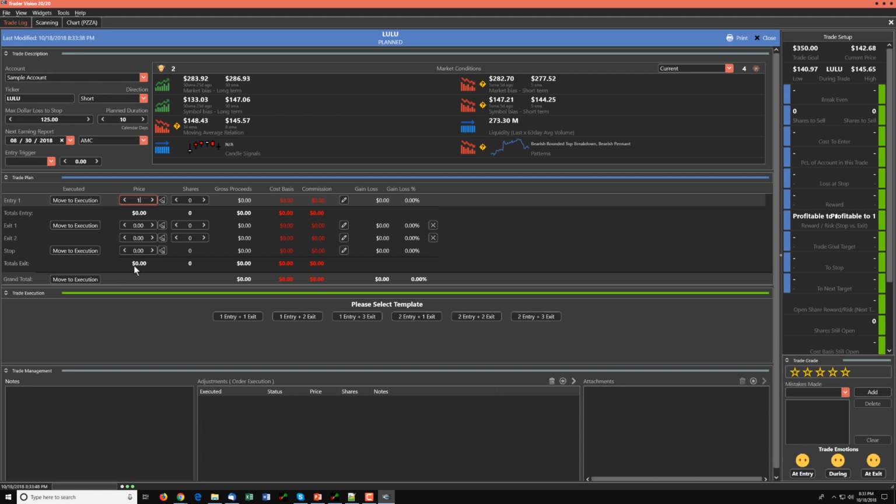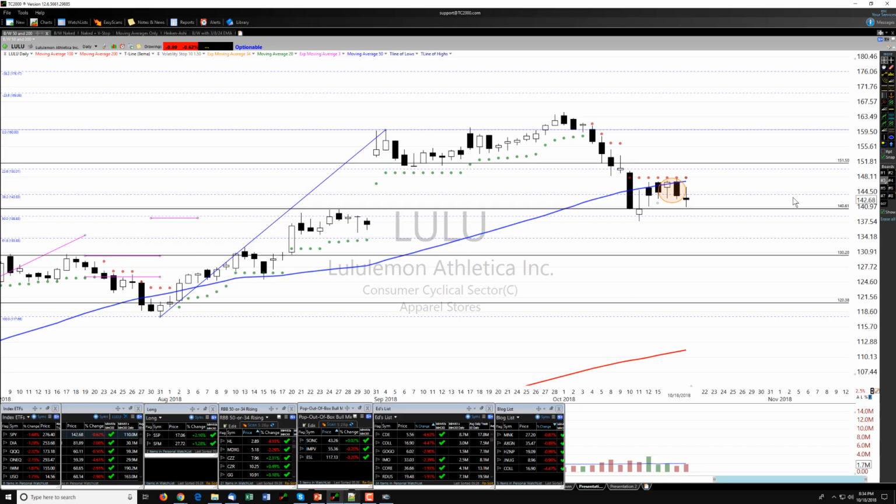$140 and a quarter, 146 and a quarter, 130 and a quarter. I think those are the 3 numbers I said. 140, 146, close enough. 130, and then let's do 120.50.